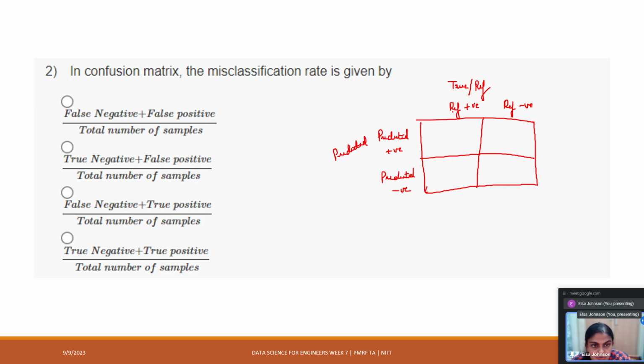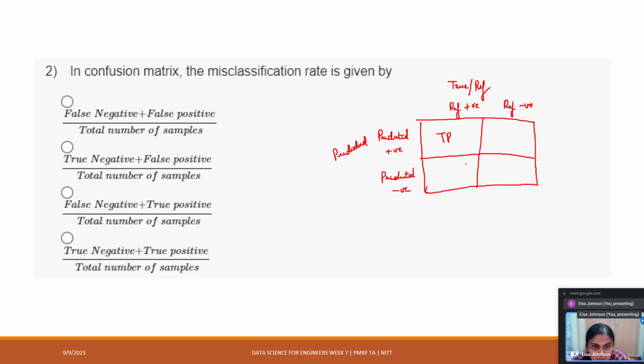If you get predicted true as well as reference true, it is a true positive, and reference negative and predicted positive, you can tell. Okay, Swami is giving us A.